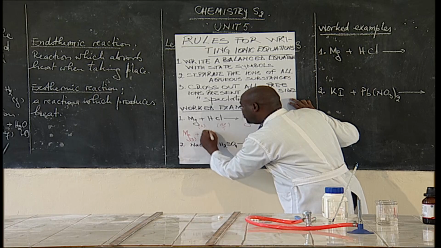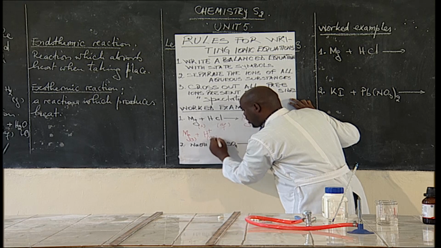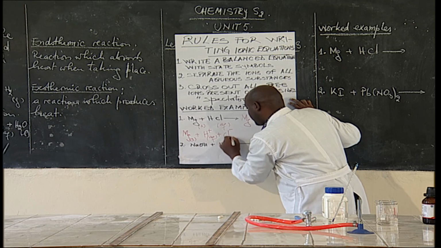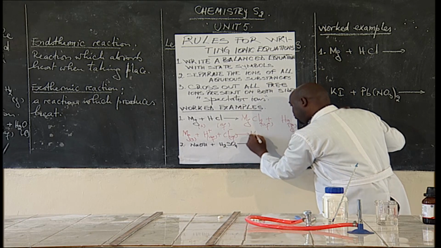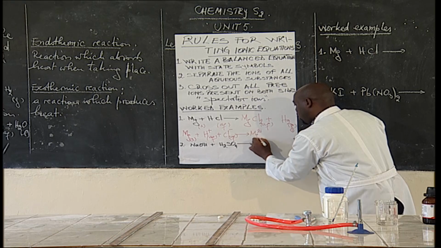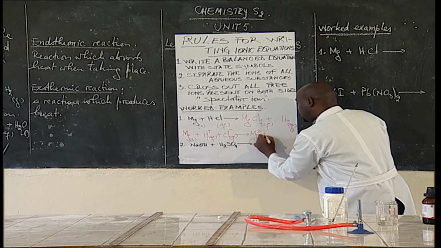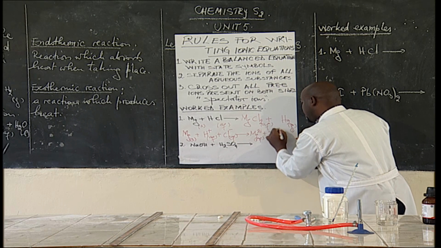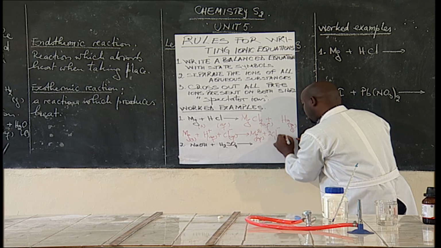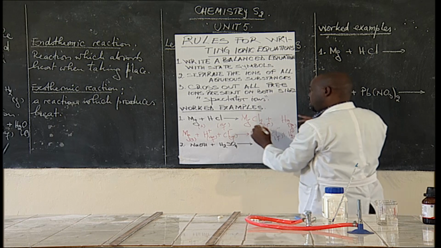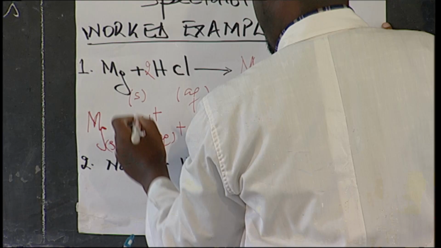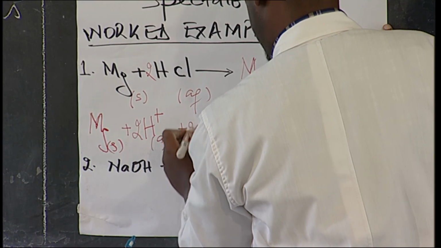Plus H positive in aqueous state plus Cl negative in aqueous state, and we produce magnesium 2 positive in aqueous state plus 2Cl negative in aqueous state plus hydrogen gas. Remember, here we have to balance, and because of that, here we have 2, and here we have 2.